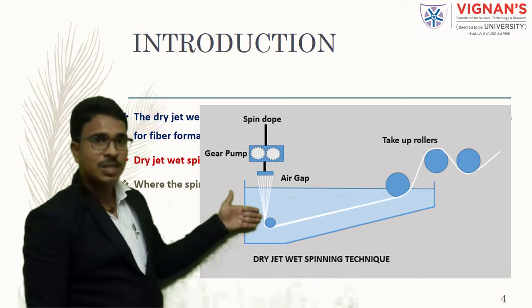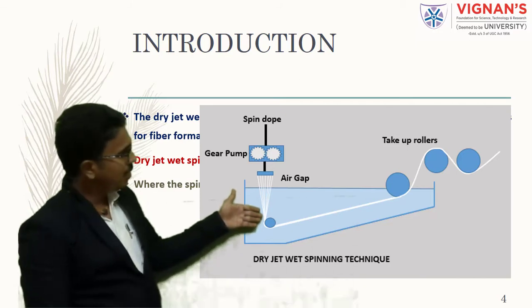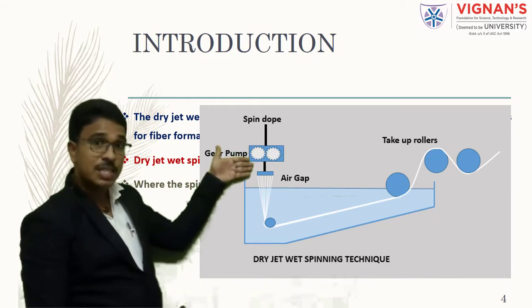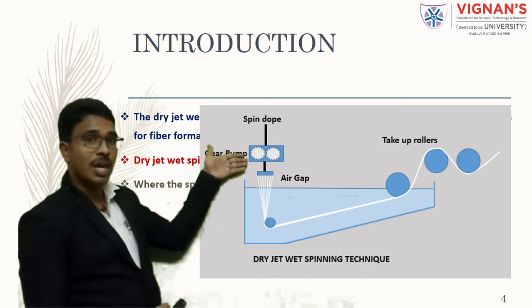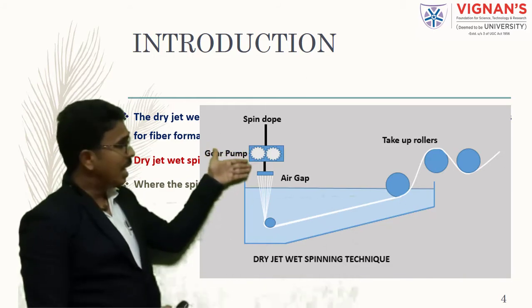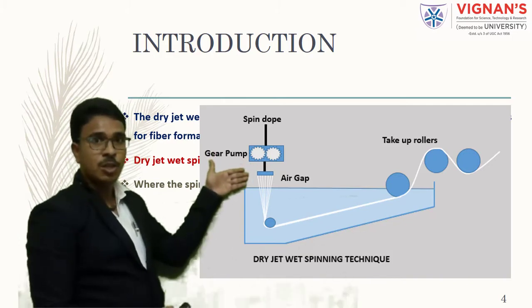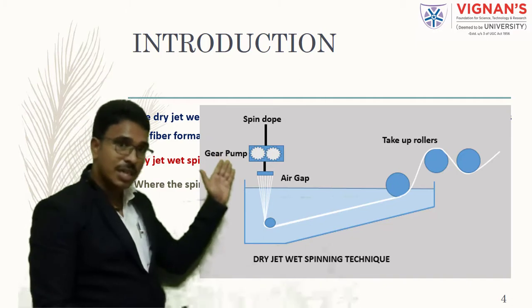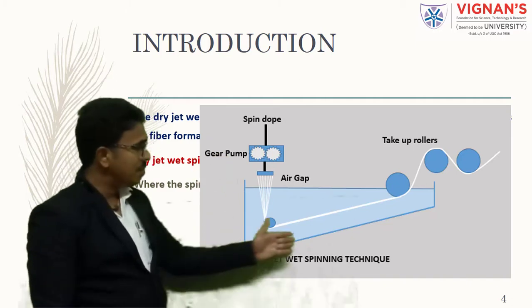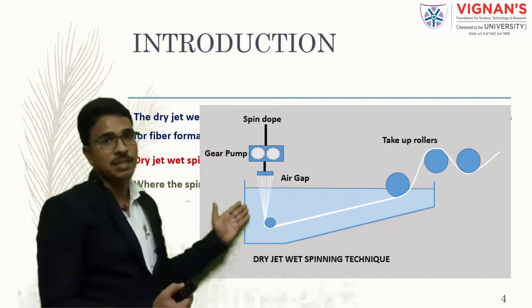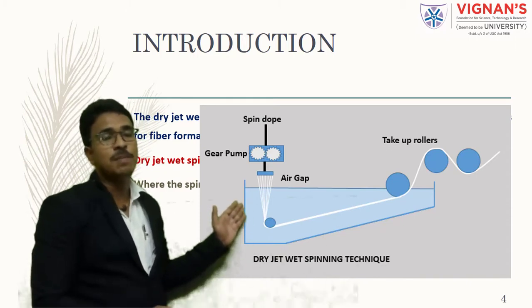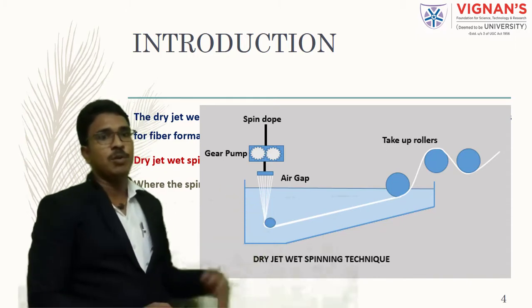No. Instead, the spinneret is placed just above the coagulation bath, maintaining an air gap. So this setup resembles dry spinning, and the coagulation bath setup resembles wet spinning. That's why this is said to be a combination of dry spinning as well as wet spinning.